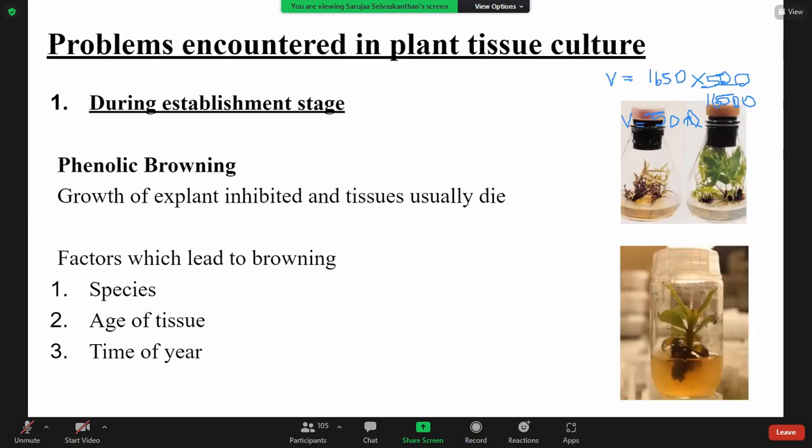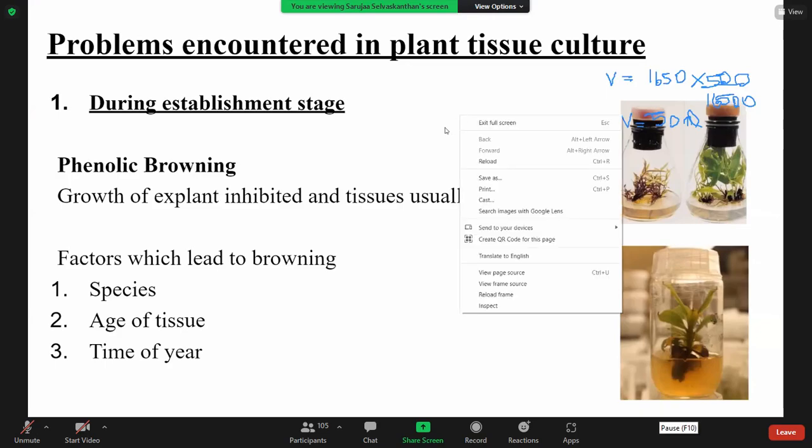Otherwise, okay, I will explain one example, then I will give an assignment, submit it. Okay? Then we can stop here, right? I will let you know the next class, plant growth regulators. Before that, we can do some calculation with that media preparation. Okay?